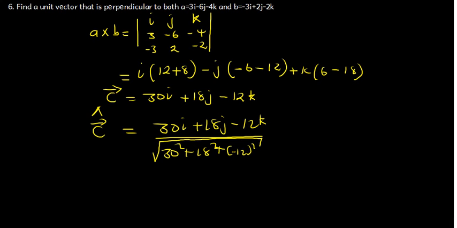And that is going to give us, we have got 30. What is the largest number that can go into 12, 30, and 18 without a remainder? That should be 6. So 6 into 30 should be a 5i. 6 into 18, that is a 3j. 6 into 12, that is a 2k.